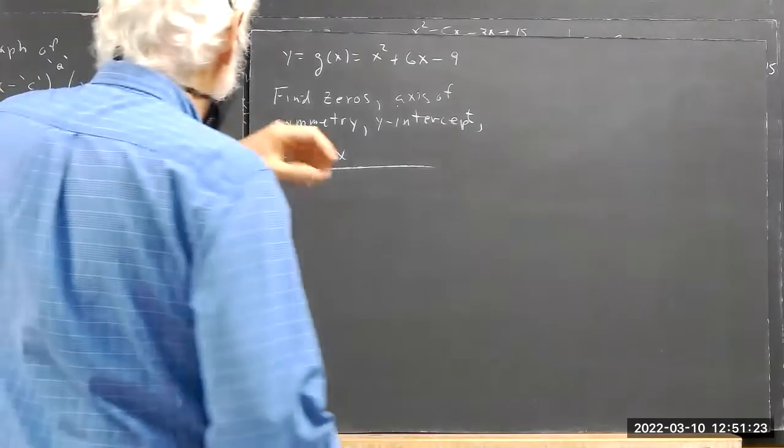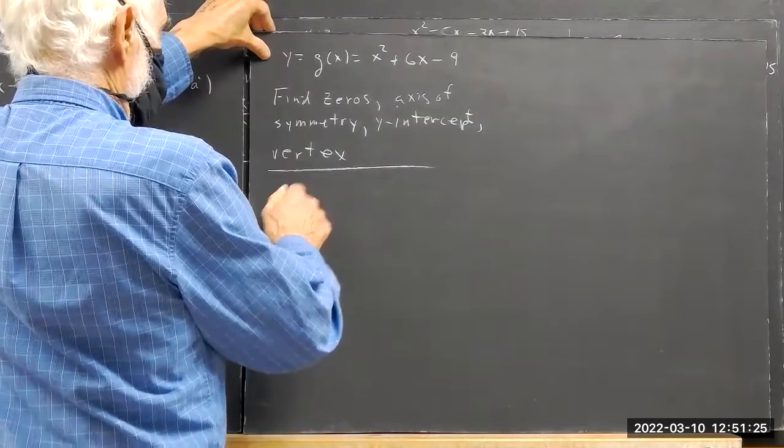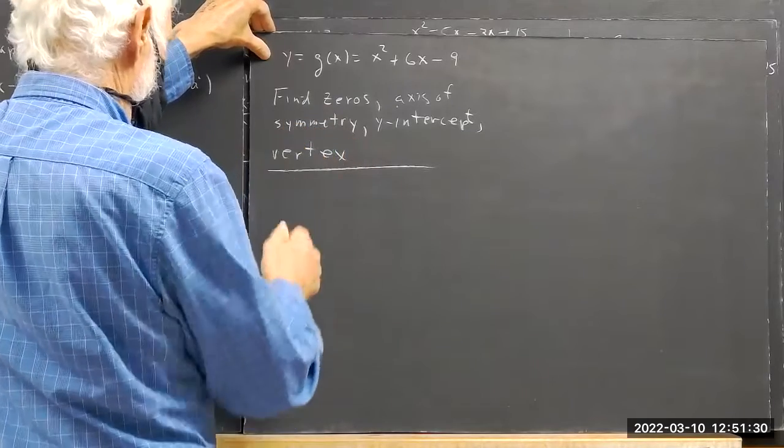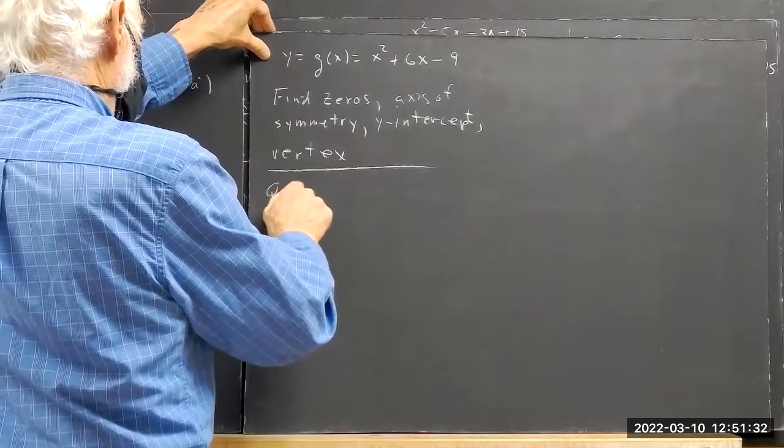You get the zeros and the axis of symmetry from the quadratic formula.